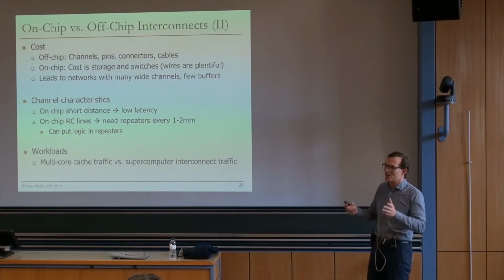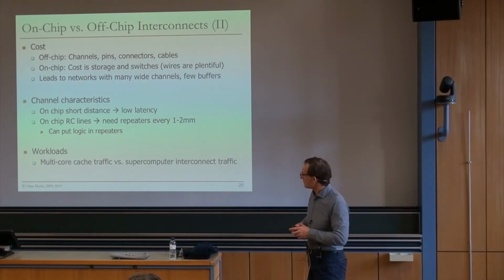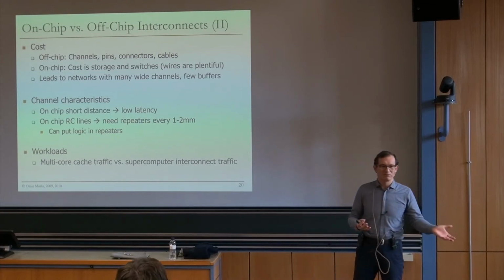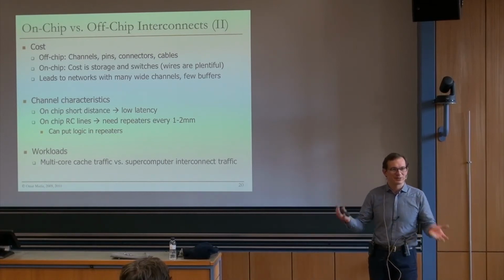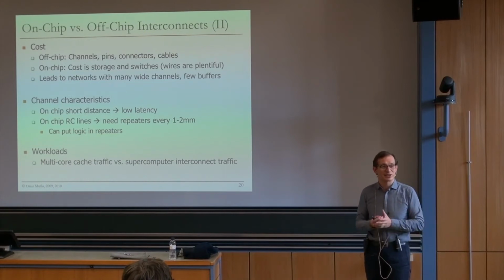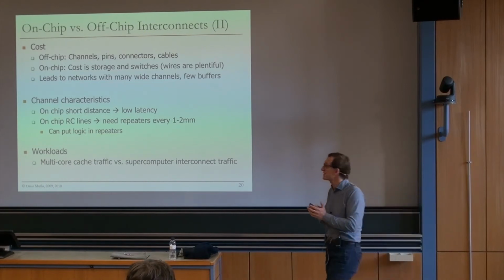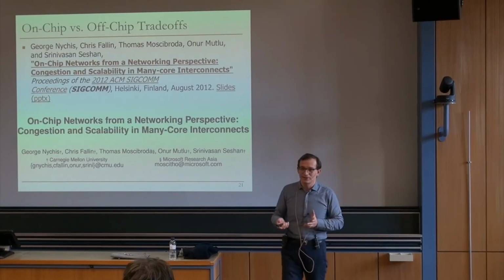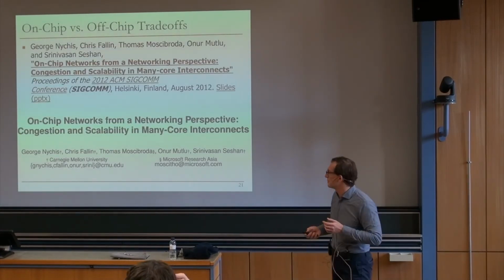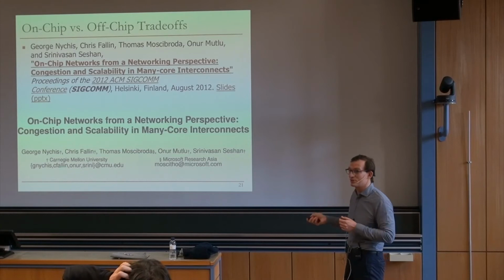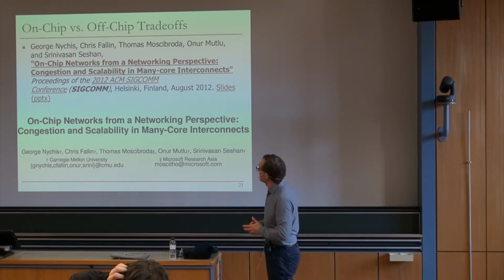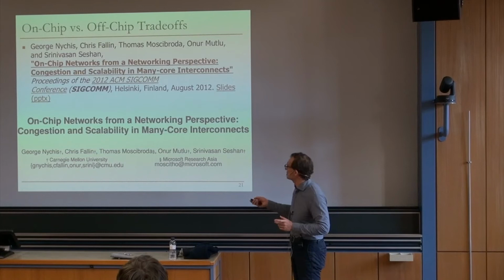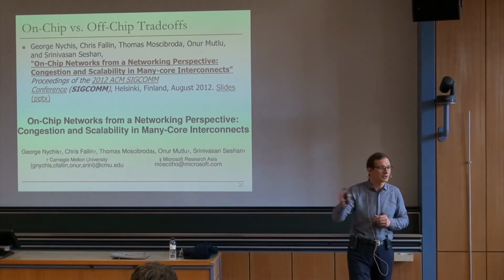So it doesn't make sense to design networks that are similar on chip versus off chip. You really want to adapt to the characteristics of these different constraints. And if you're interested more in this, we've actually written a paper that was published in SIGCOMM in 2012 that talks about on-chip networks and off-chip networks and their differences, and looking at congestion and scalability in multi-core interconnects.